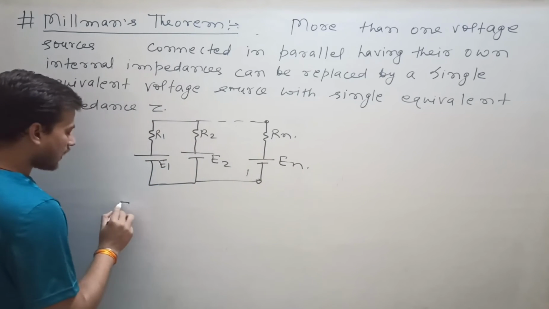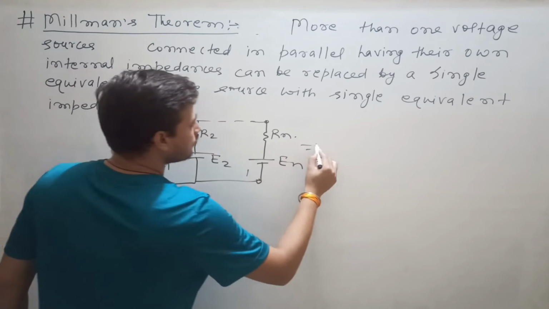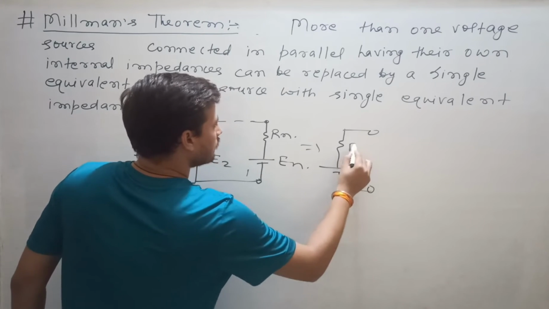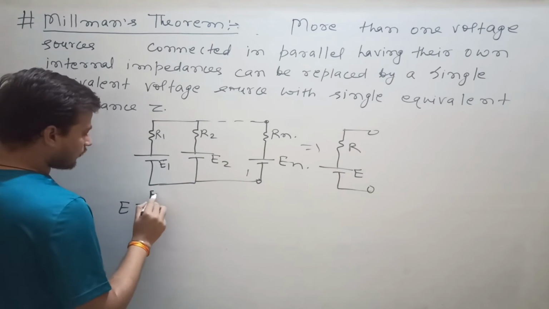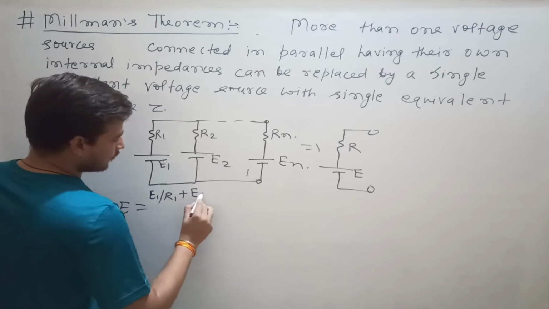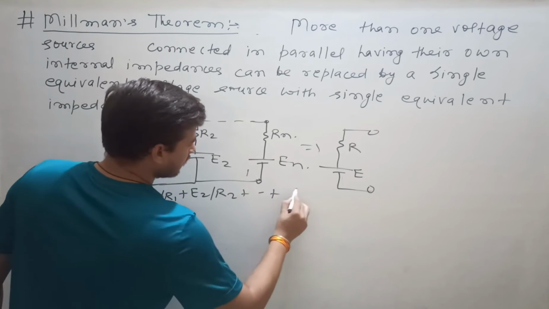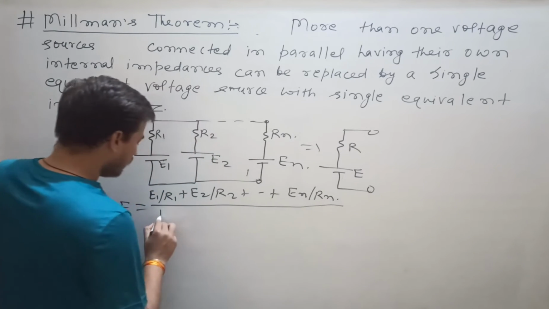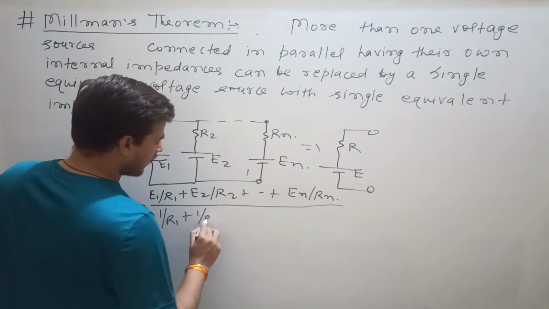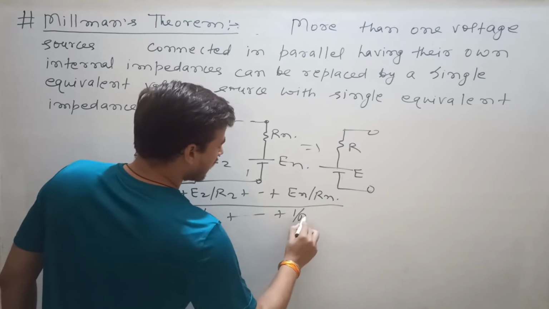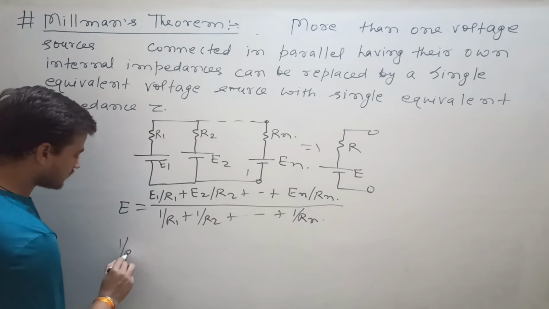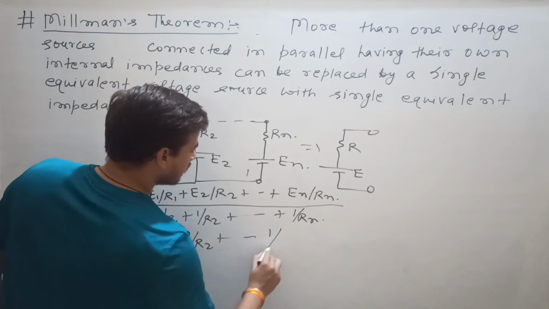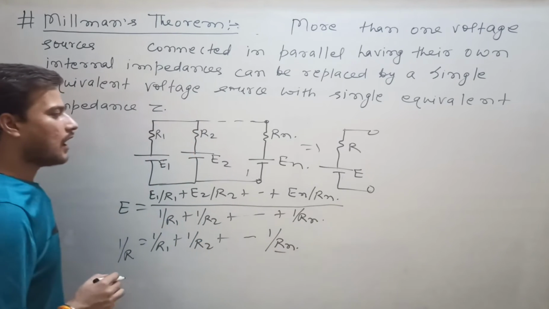So here also you will write E will be equal to E1 upon R1 plus E2 upon R2 up to En upon Rn divided by 1 upon R1 plus 1 upon R2 up to 1 upon Rn. Similarly, for resistance, 1 upon R is equal to 1 upon R1 plus 1 upon R2 up to 1 upon Rn.